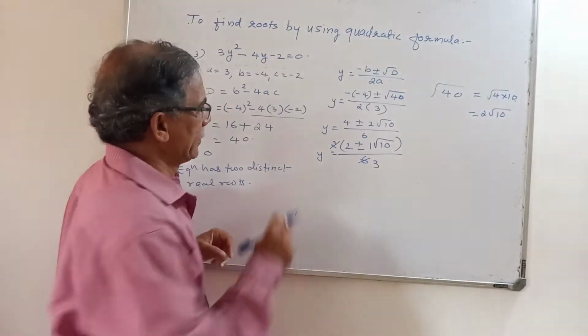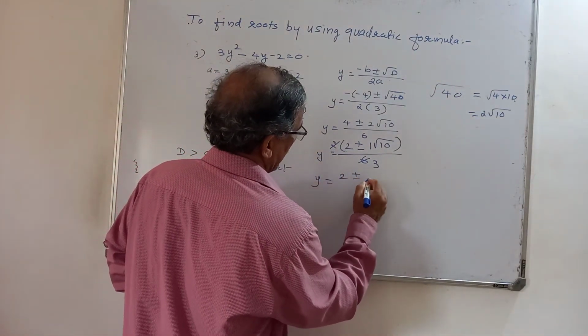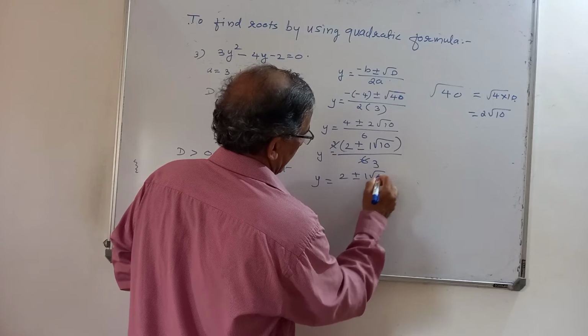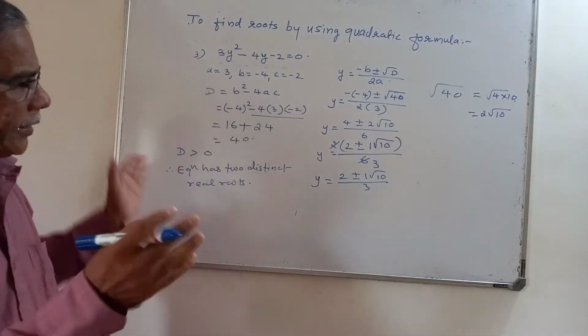Then, now, so y is equal to 2 plus or minus 1 root 10 whole upon 3. Now we have to separate.